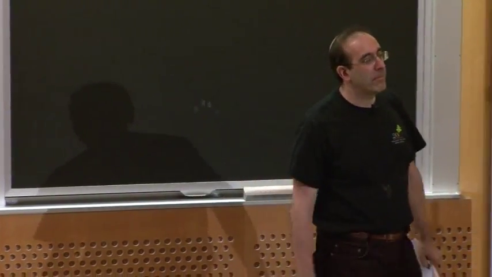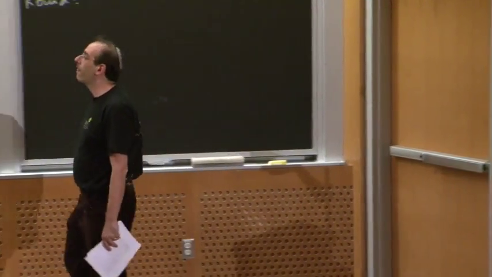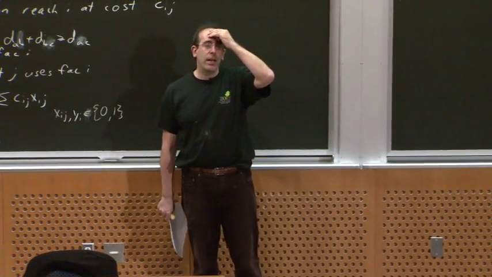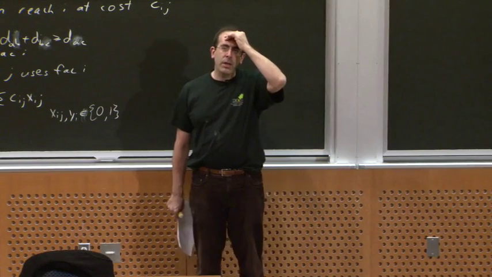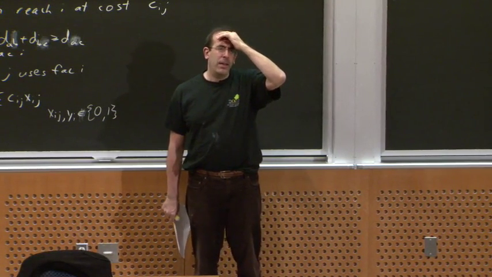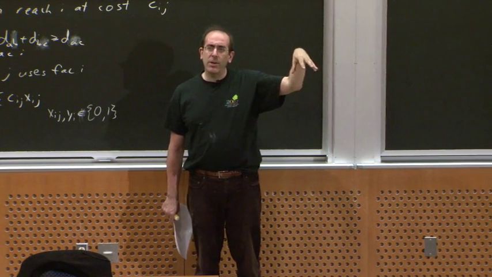Yes? You could try to figure out which of the facilities are being most used by the solution, and then round those up. Good. So this is a great instinct, right? If we look at this fractional solution, if we have a facility that is barely open, then it really shouldn't matter very much, because every client needs a whole facility.